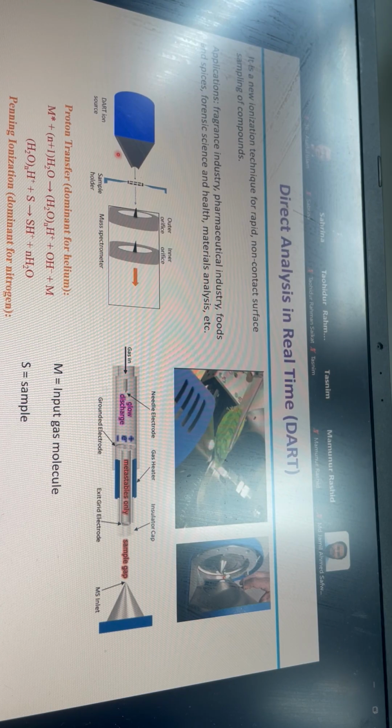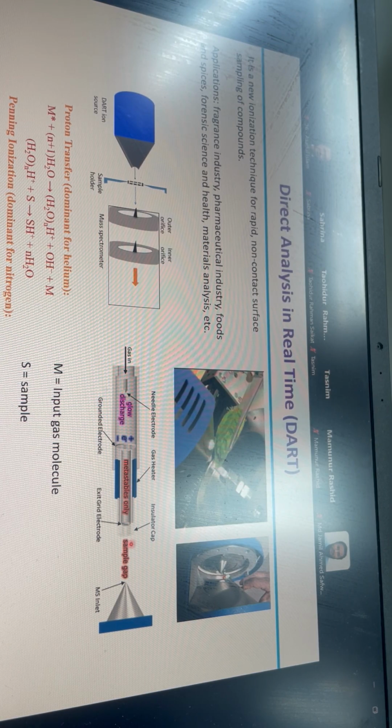In this case, you can use some gas, so you ionize the gas. You can use nitrogen gas, you can use helium gas. Usually, mostly we use helium. So you introduce helium there, and then you apply very high voltage, and then you create metastable helium and hot helium. And then you have your sample, you put your sample here.